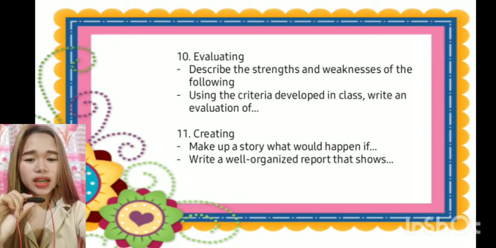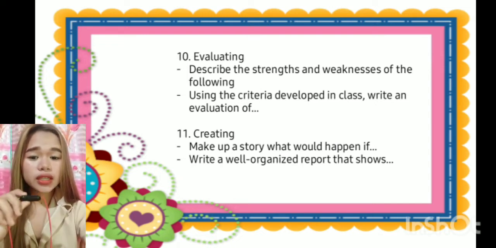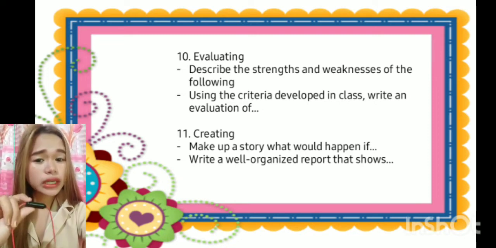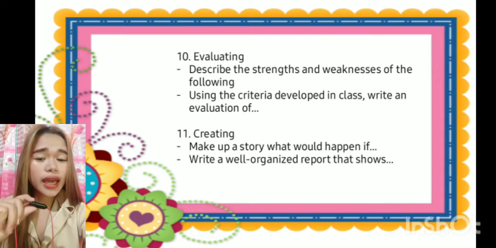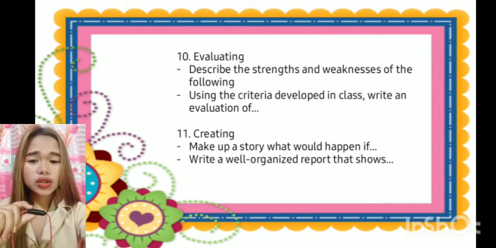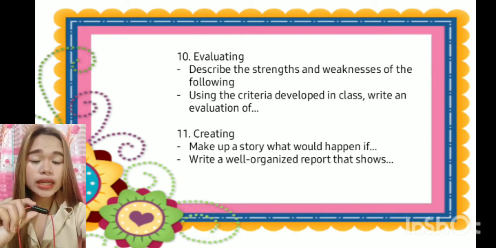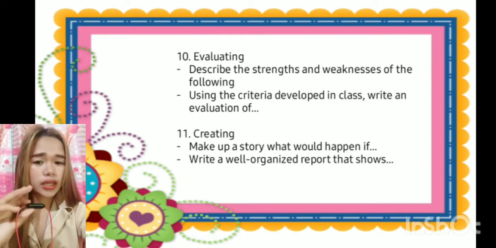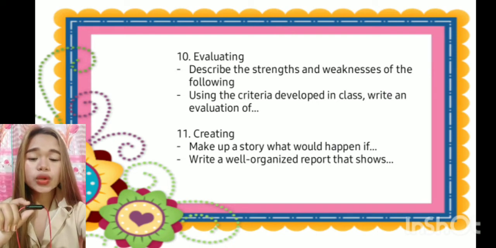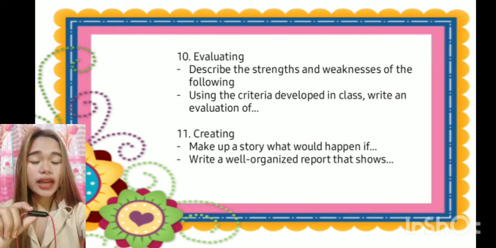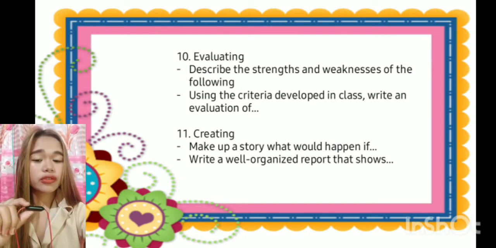So meaning, you are going to evaluate its characteristics, but how? Of course, you are going to evaluate by observing, describing, and so on. So example number one, describe the strengths and weaknesses of the following. Number two, using the criteria developed in class, write an evaluation of.